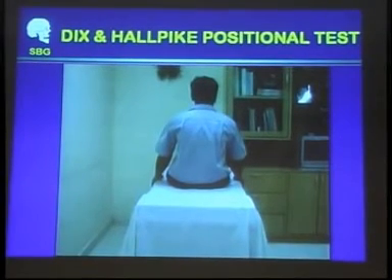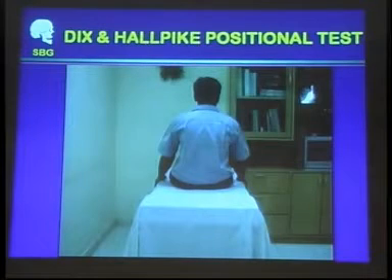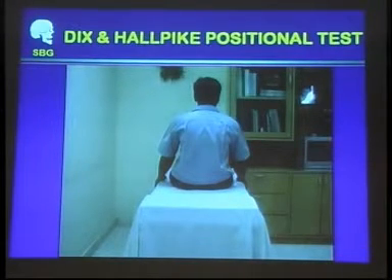So what is done is the patient is in the sitting position with head straight. We check for nystagmus before we start, and wait for a minute in each position. Then we tell the patient to lie down in the supine position with head extended and turned to the opposite side of the vertigo.